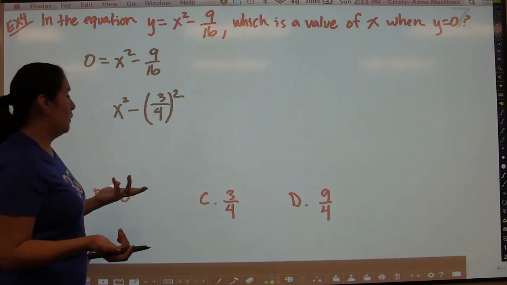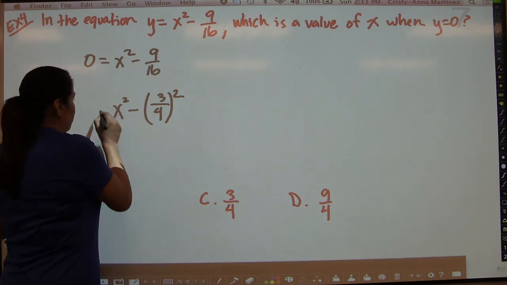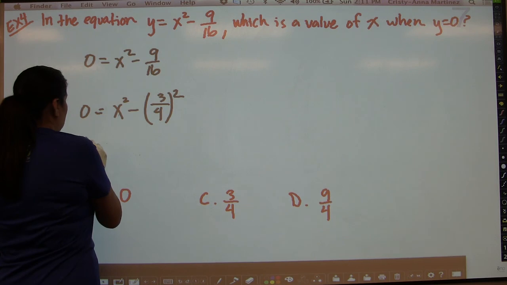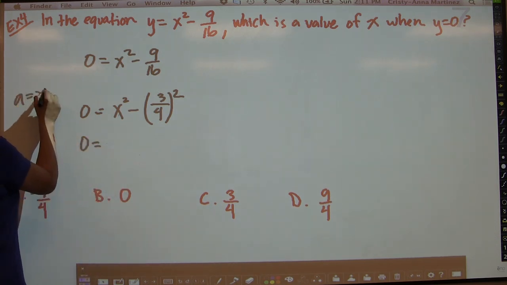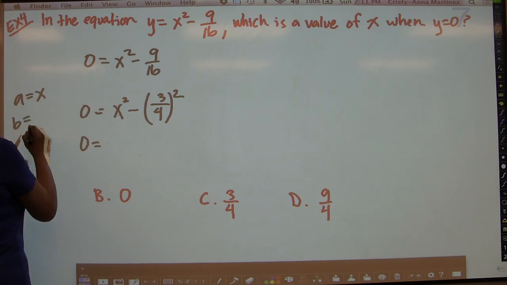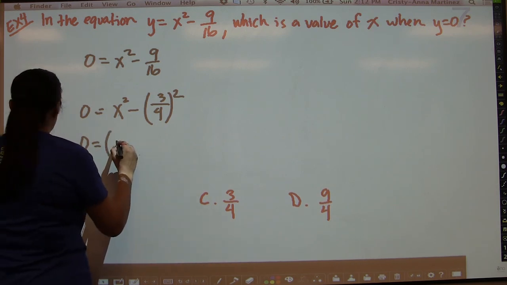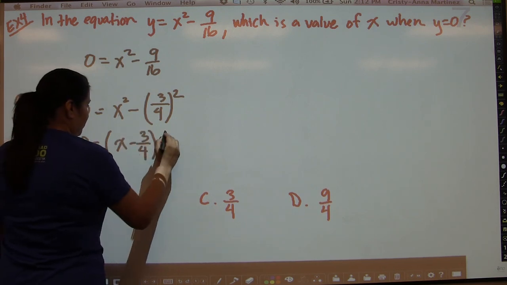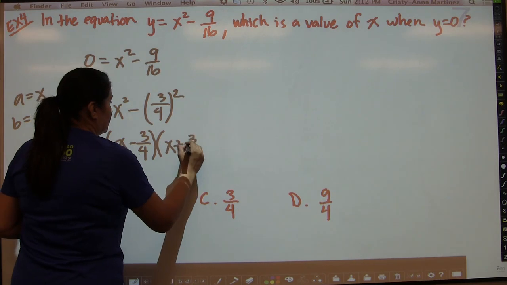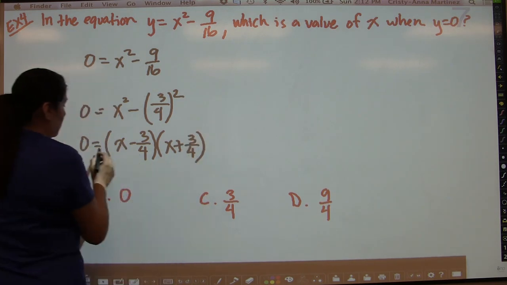So what we're going to do is use our factoring to write this out. So we're going to say a is going to equal x in this case, and our b value is going to be 3/4. So according to the formula, we get x minus 3/4 and x plus 3/4 all equal to 0.